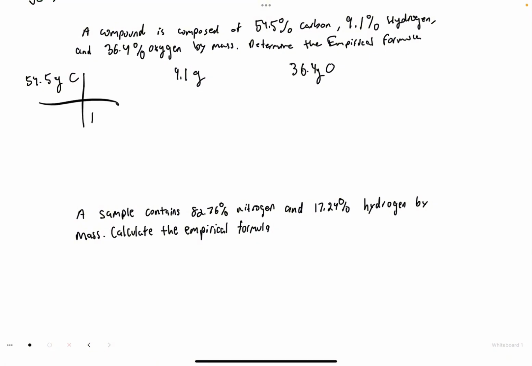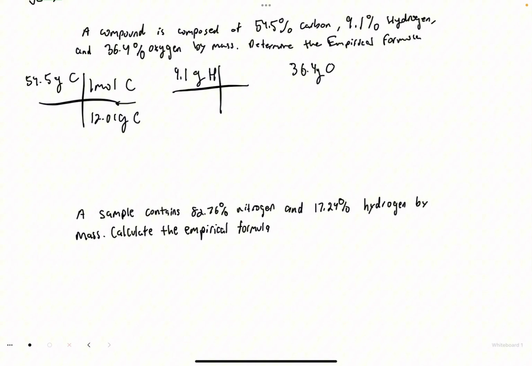So now I'm gonna cancel. And so this is where things get a little tricky because you want to be as precise as possible because these values can be incredibly narrow. So this one's gonna be 12.01 grams of carbon, and then 1 mole of carbon would show up here.